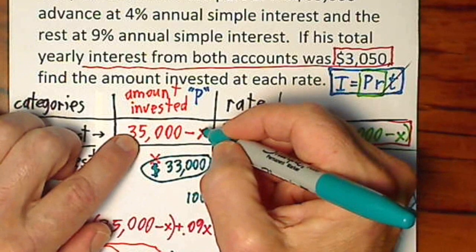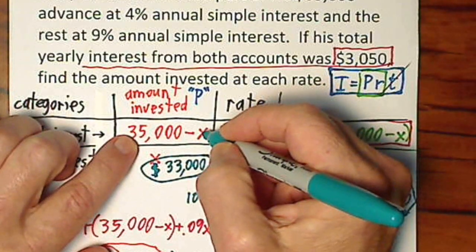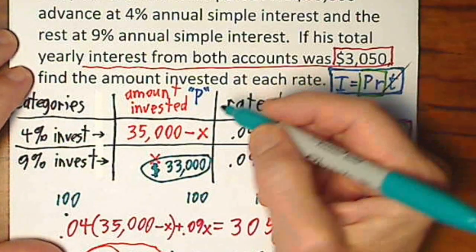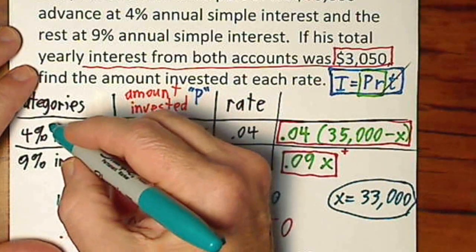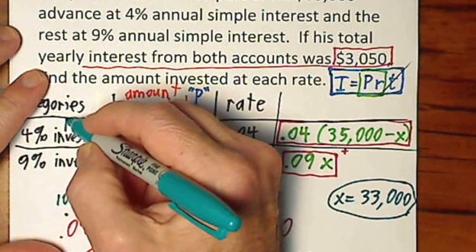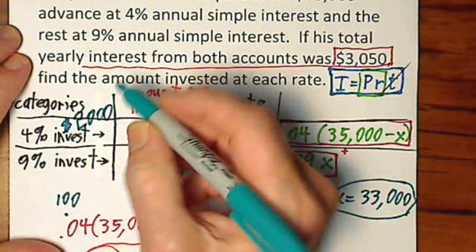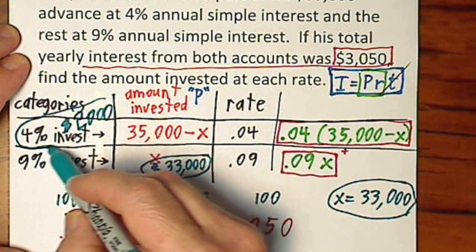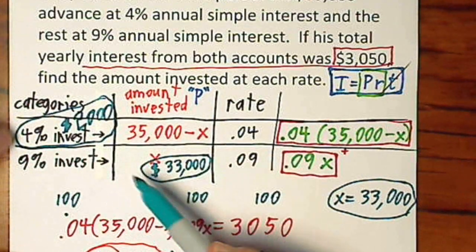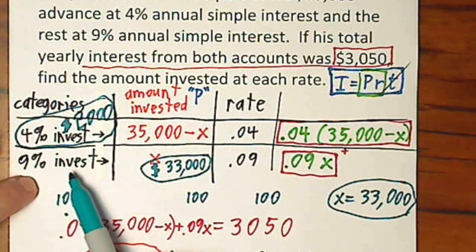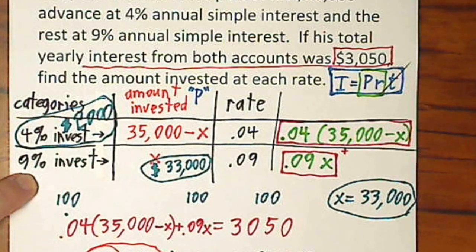So I'll have 35,000 minus 33,000, and that will leave us with just $2,000 at the 4% investment. Okay, that's a pretty conservative amount to put in there at 4%. Looks like old Larry was hoping for big winnings here.